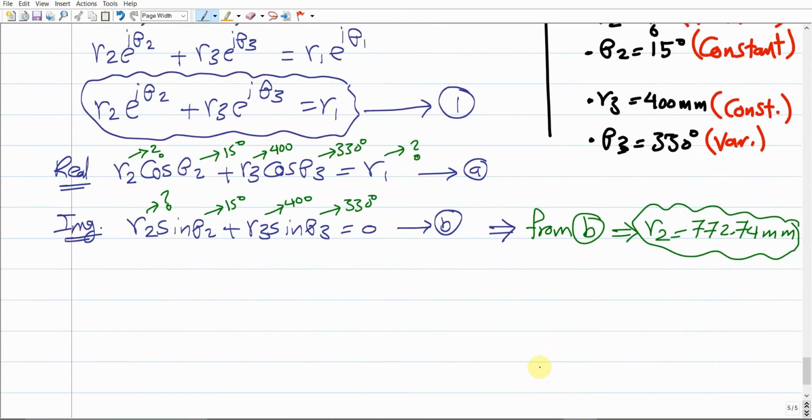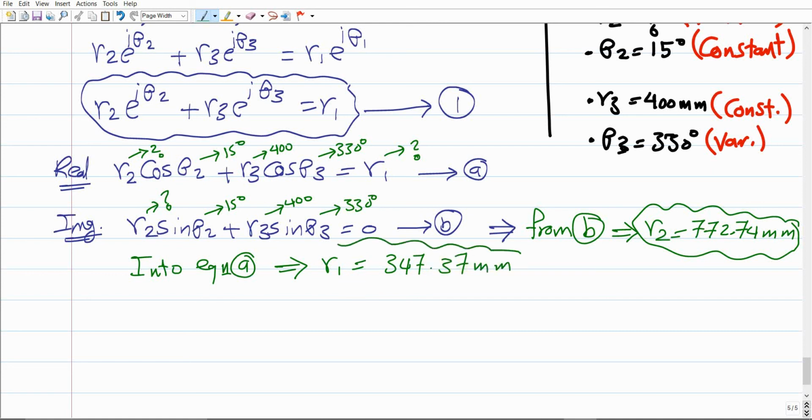Once you find R2, substitute into equation A to find the other unknown, R1. It is a very simple equation. You find R1 equals 347.37 millimeters, and this is a very simple problem in terms of position analysis.